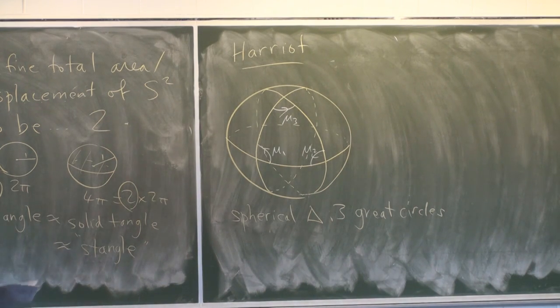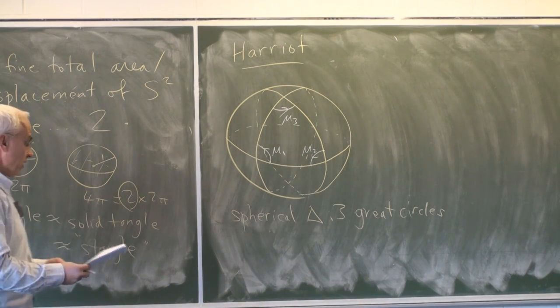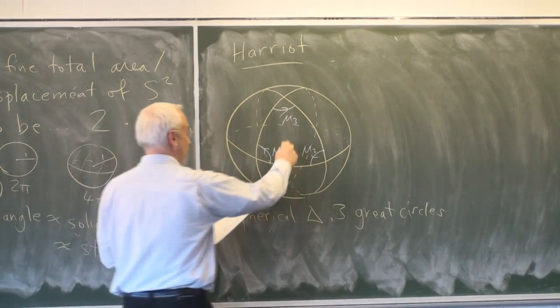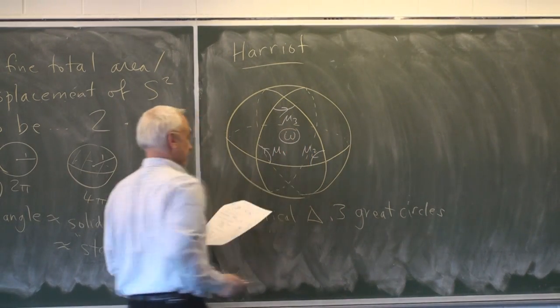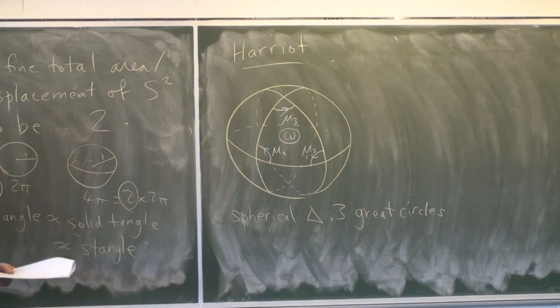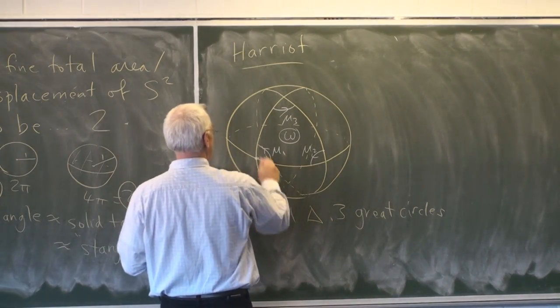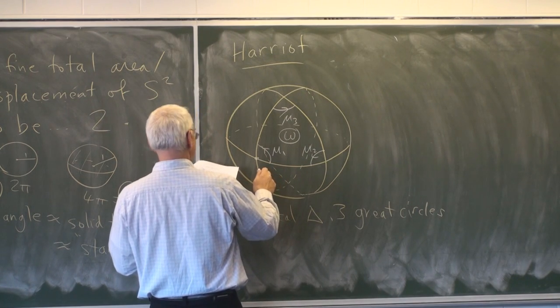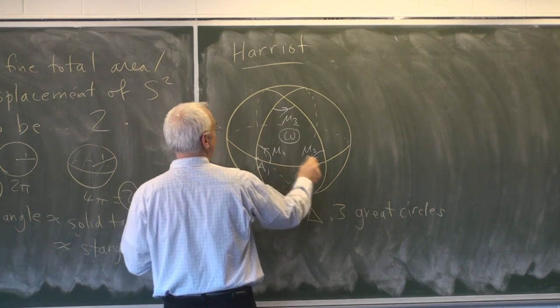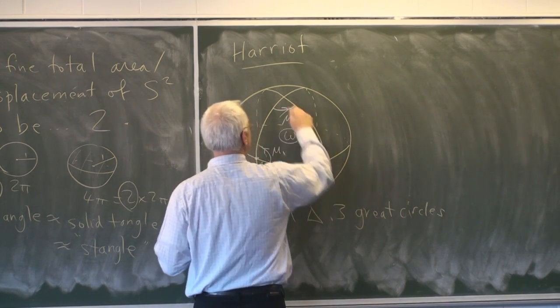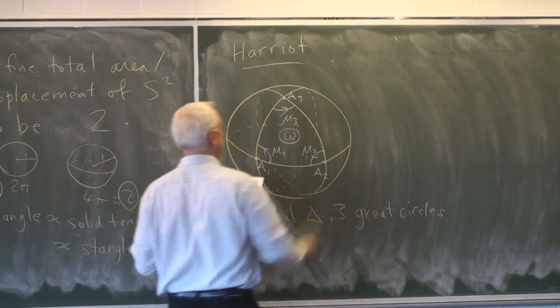And I will now talk about we have various solid tangles around, so let's call this one here omega. That's the one we're mainly interested in. But we also have some other ones, and so that's like A1, and that's like point A2, that's like A3.